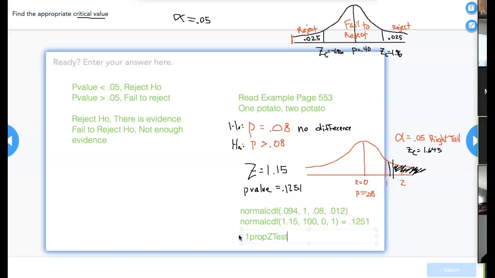X was 40. Was it 40 potatoes? 47 of the potatoes have blemishes. So X is 47. N was 500.